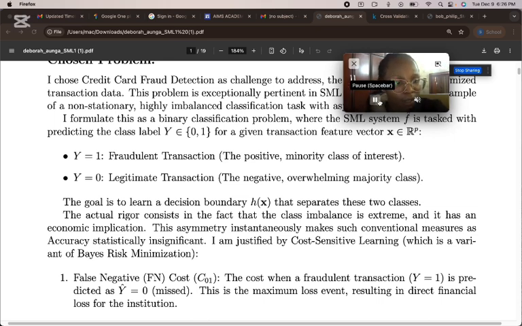Hello everyone, I'm Debbie and today I want to show you how to truly master machine learning by breaking down the process into 9 steps of the SML wheel framework. This is not theoretical, it's a systematic structure for building models that are economically rational. My project tackled credit card fraud detection.